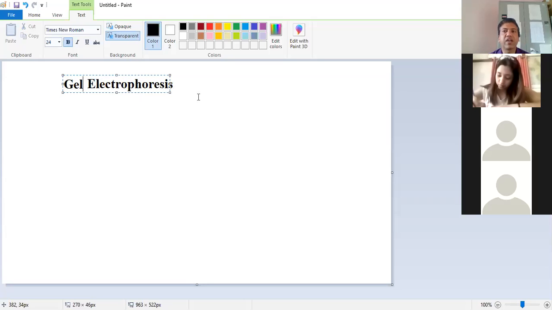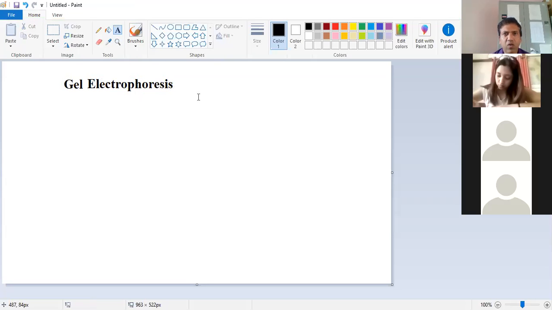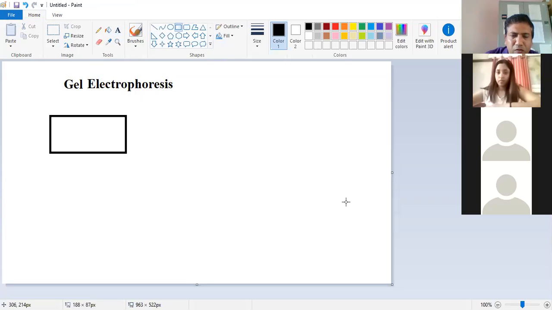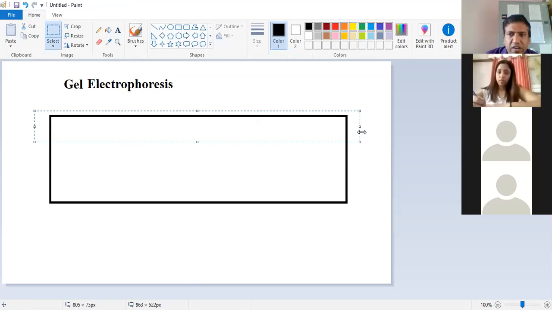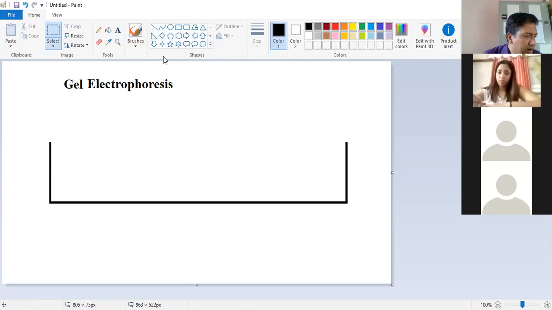What is meant by gel electrophoresis and why we use it, we will discuss after a while. Let me draw an electrophoretic assembly.